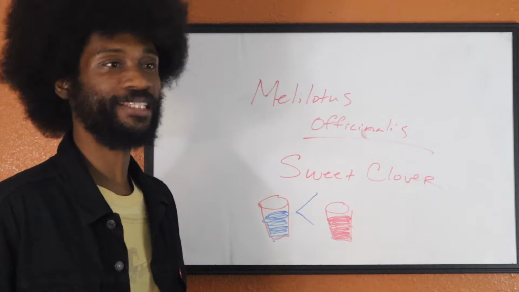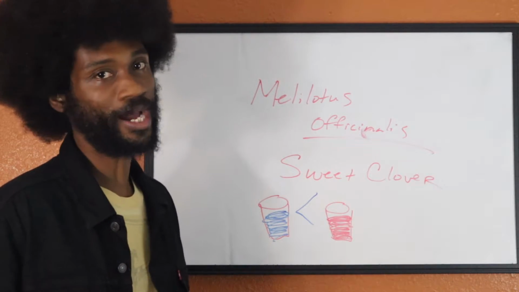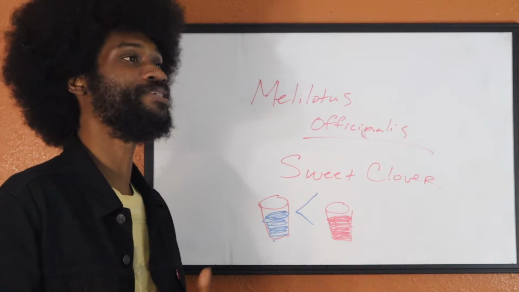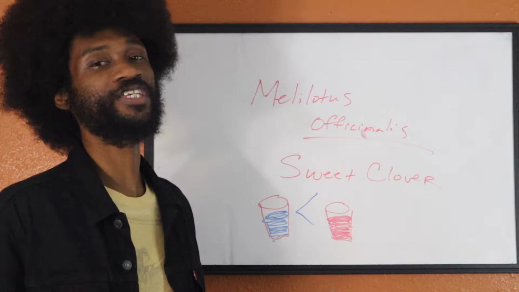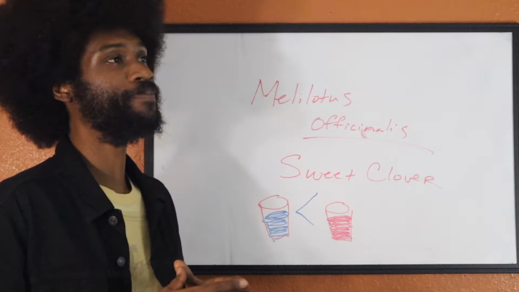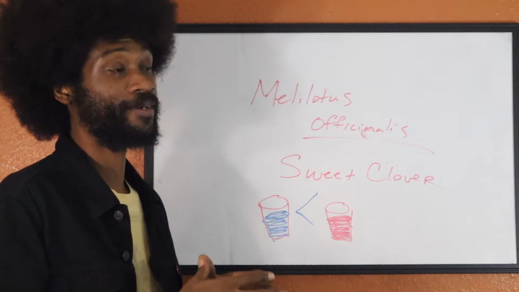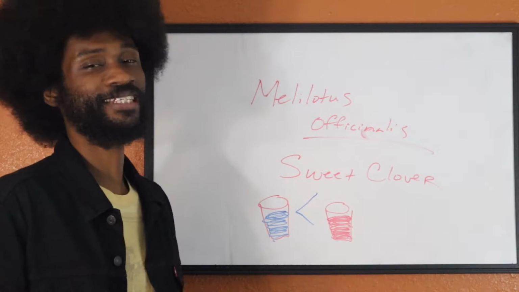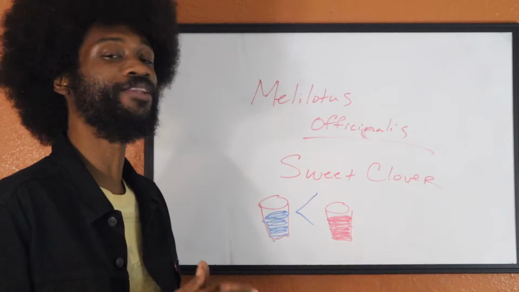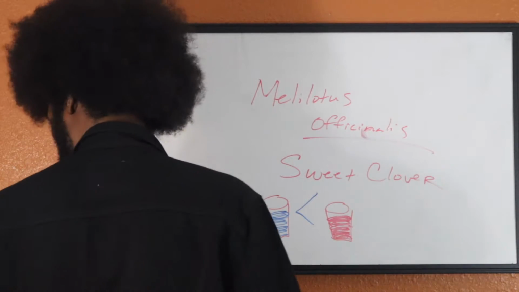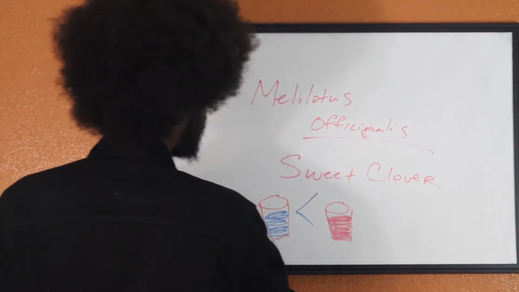Then it was, okay, we got to study this plant now and find out what this particular chemical is. And once they found out the chemical, which was like 7 years later, that's when they started creating a particular product for the market, particularly a rat poison. And then from there, the rat poison ended up becoming an actual pharmaceutical. So we're going to go through that timeline real quick.